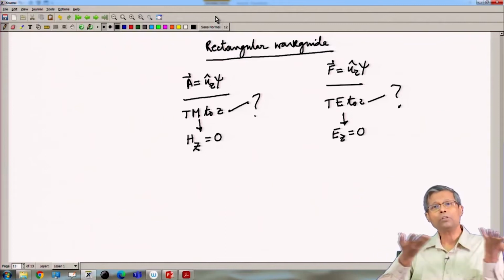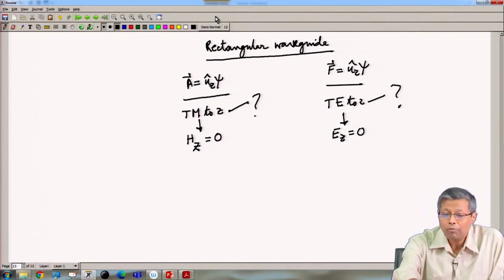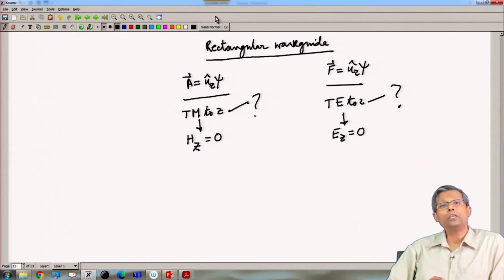In the context of the rectangular waveguide, the only alternative mode sets are two other mode sets, where A equals u y psi and F equals u y psi, or A equals u x psi and F equals u x psi. We already discussed those things before. But let us assume that we are lucky and these potential functions, A equal to u z psi and F equal to u z psi, will indeed be valid mode sets in the waveguide.